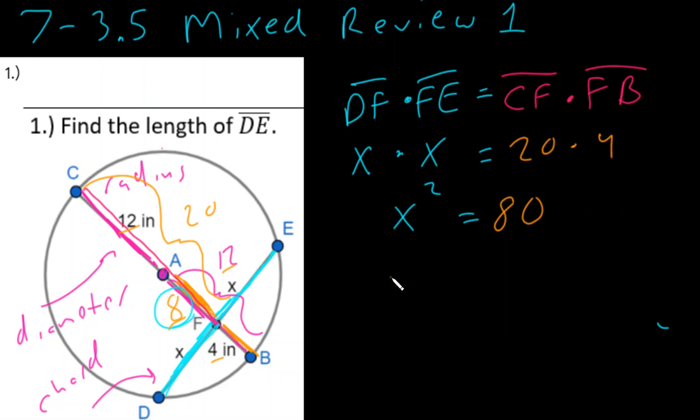You need to solve for x, and whatever x equals, DE is actually equal to x plus x, or 2x. So whatever you get for x, multiply by 2, and you'll have the length of DE. Alright, let's move on to our next problem.